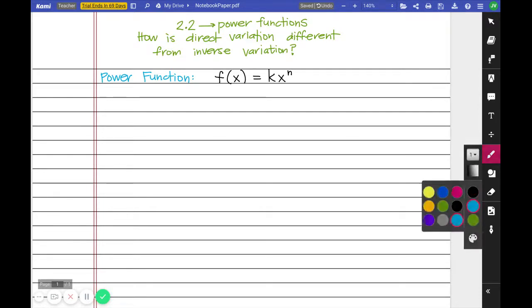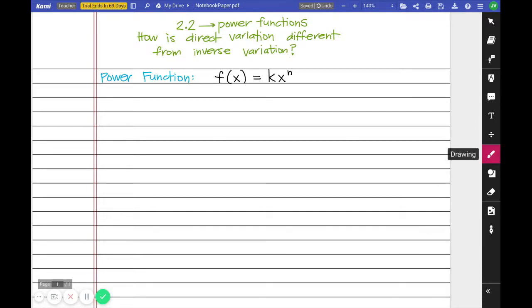So in this function, there's some rules. The first is k is a constant. K is the constant of variation. That's the language we give it.